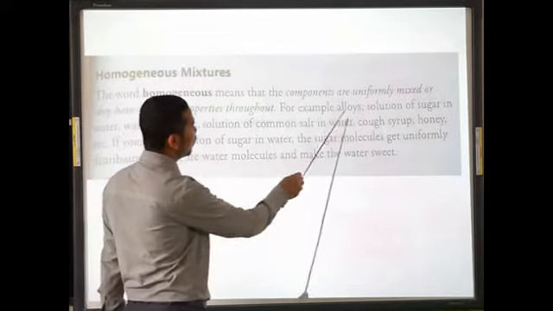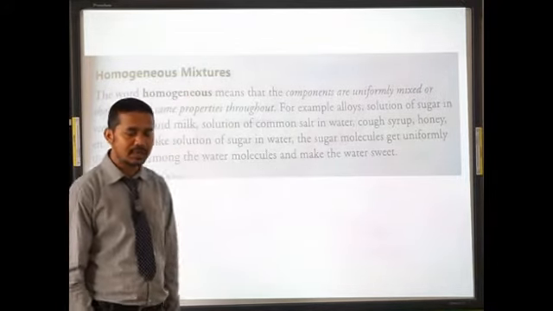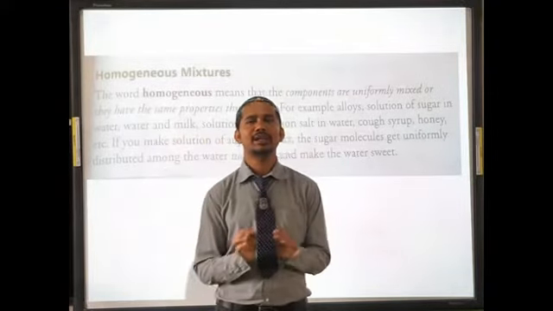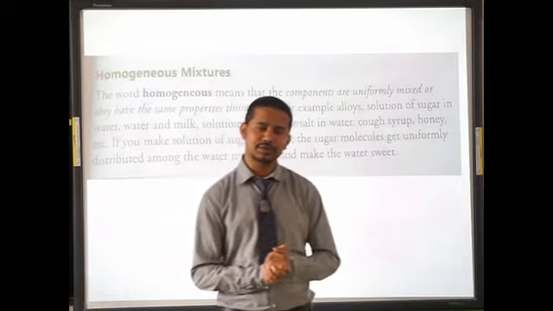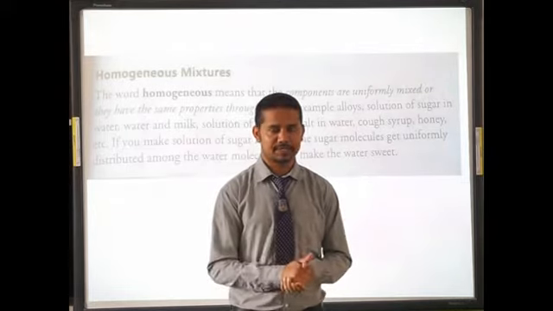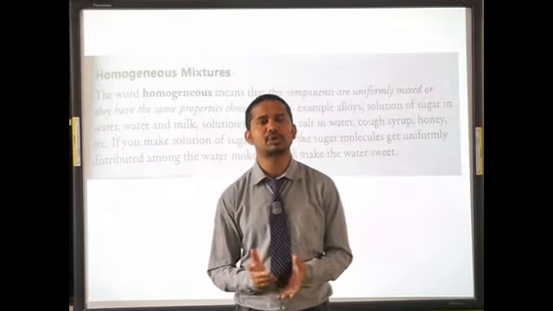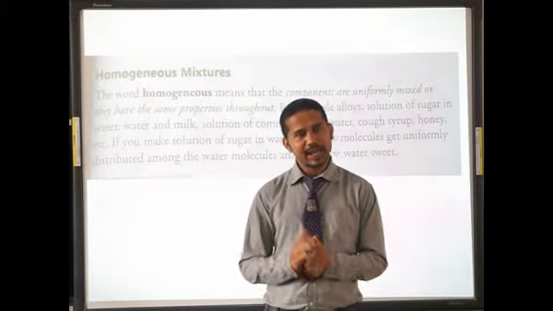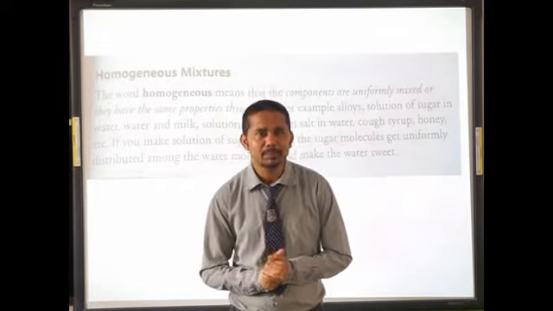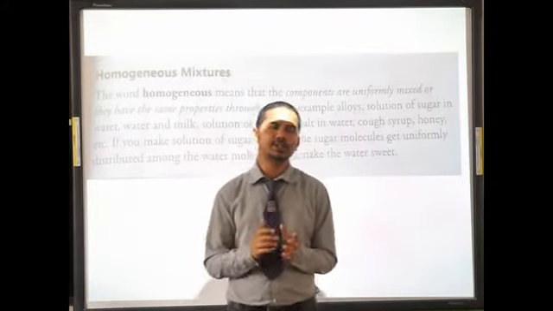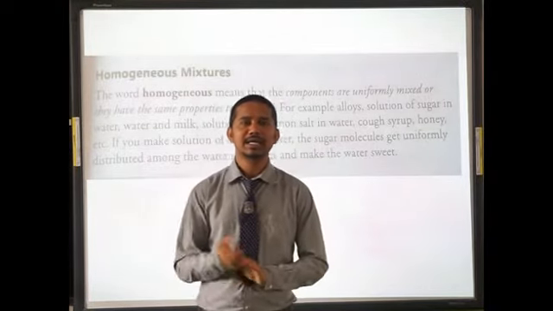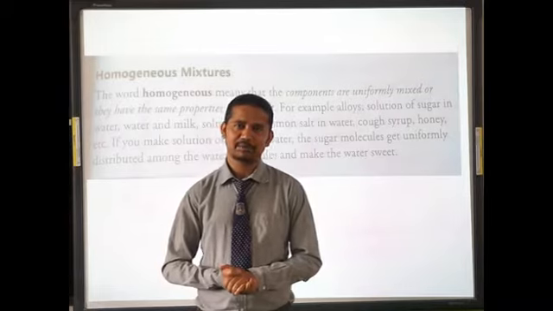For example, alloys. Do you know alloys? Alloys are homogeneous mixtures of metals with other metals or maybe non-metals. For example, brass, bronze, solder. We use brass and bronze. Bronze, you know about the bronze medal, is made up of copper and tin.